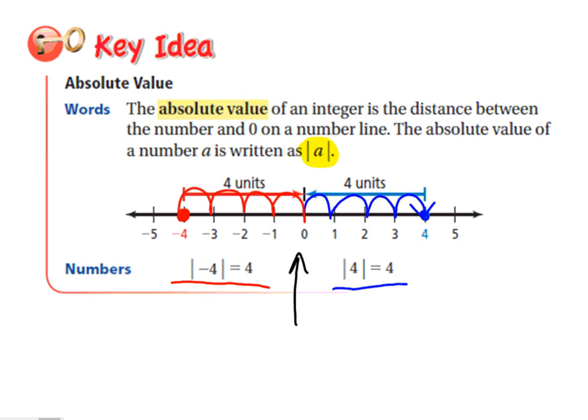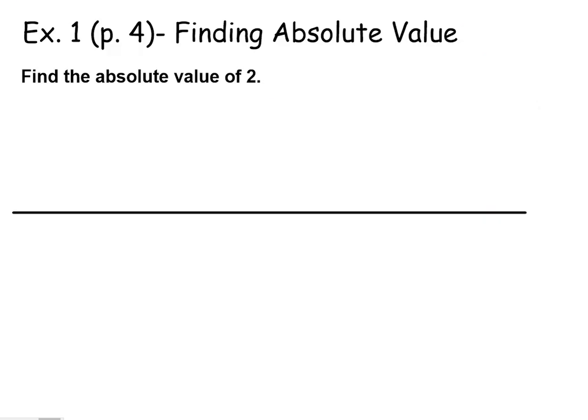Now, absolute value is measured in distance, and distance is always positive. You cannot go a negative distance. And since distance is what we're using on a number line, absolute value must also be written as a positive value. So keep that in mind today as we do these examples.